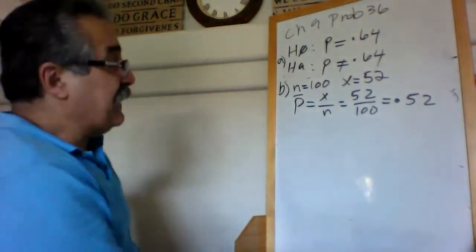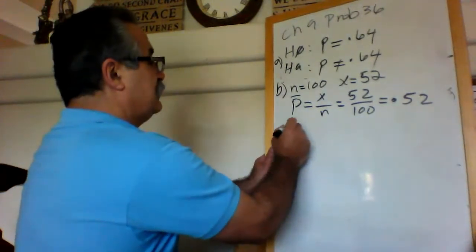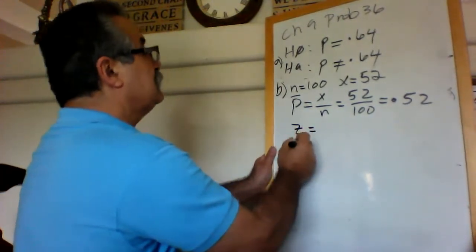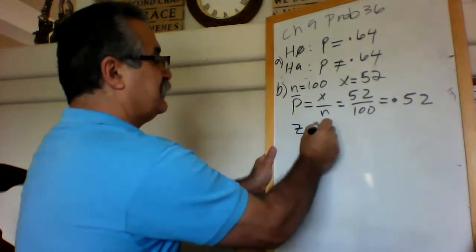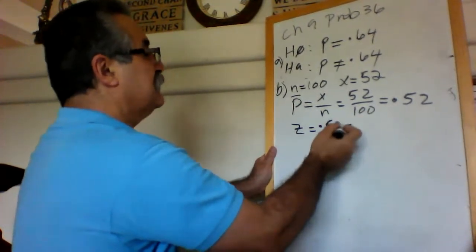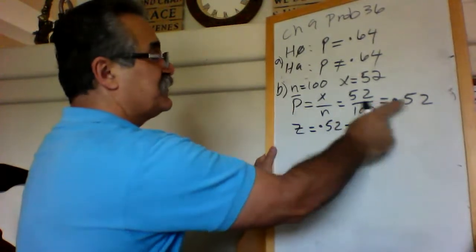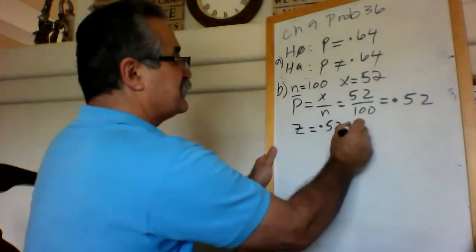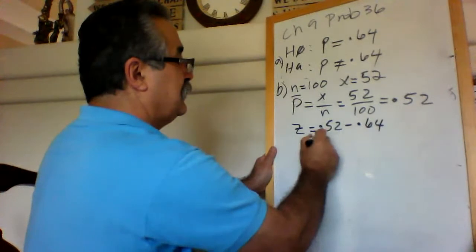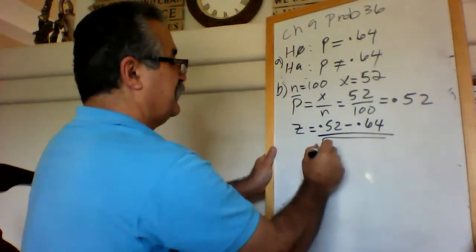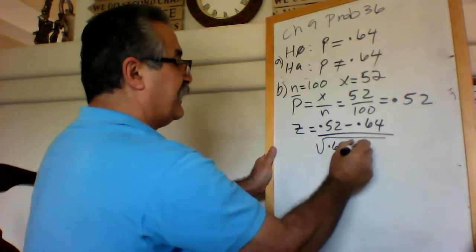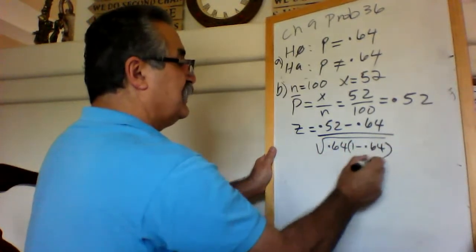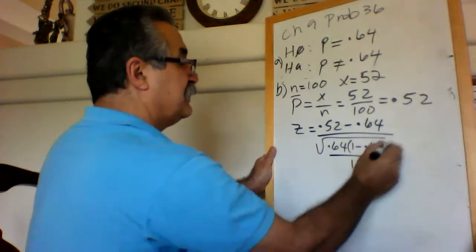Now find the p-value. So we go ahead and do z is equal to p bar, which is 0.52, minus p sub 0, which is 0.64, divided by the square root of 0.64 times 1 minus 0.64, divided by 100.